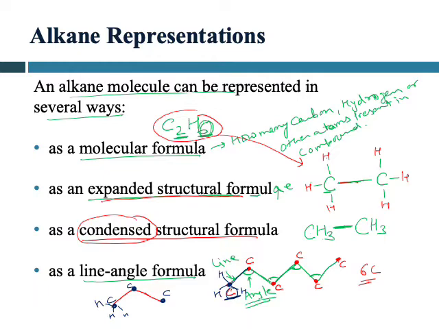Hydrogen, hydrogen, hydrogen, right? But we usually don't show hydrogen in the line angle formula. So remember this: if you're not showing hydrogen, the hydrogen is still there, we are just not showing it. That's the difference between line angle and the other formulas, condensed and expanded, where you usually show the hydrogen, right? So keep this in mind, this is important too.